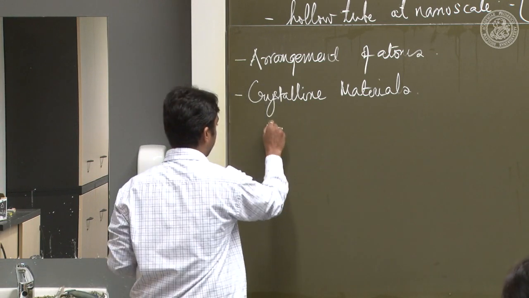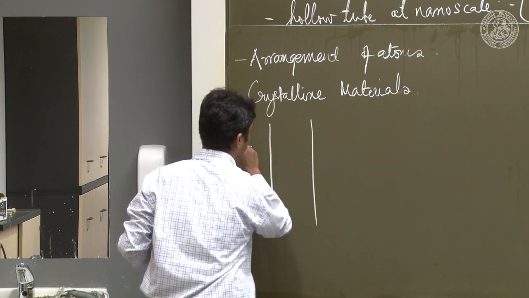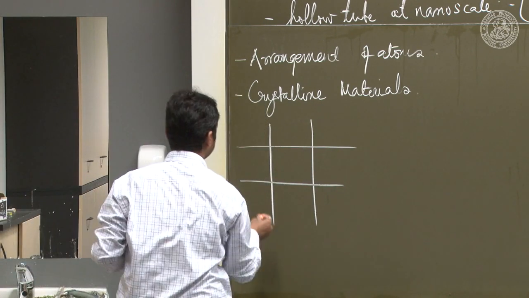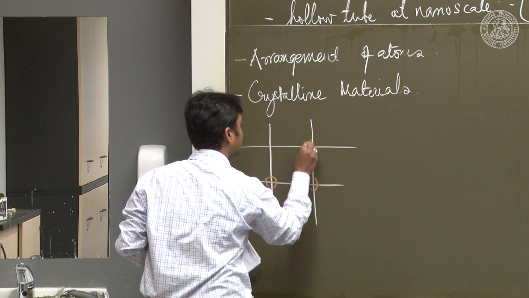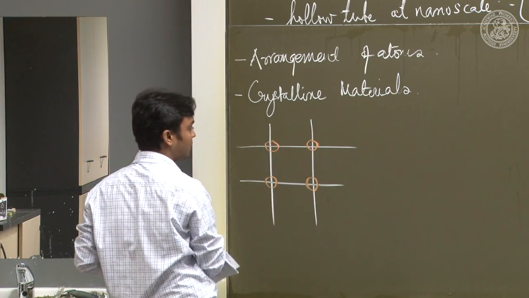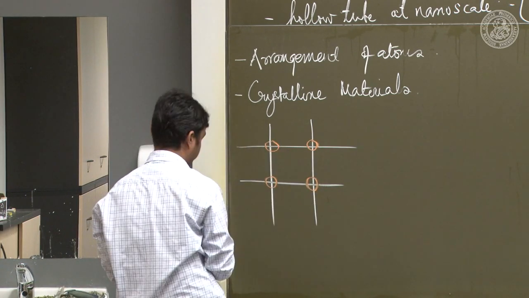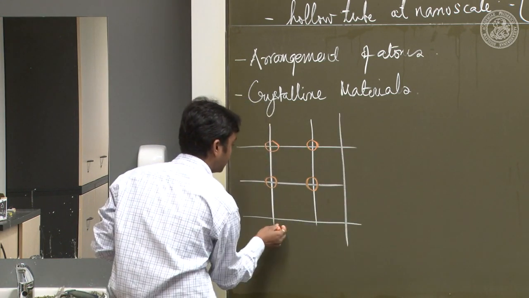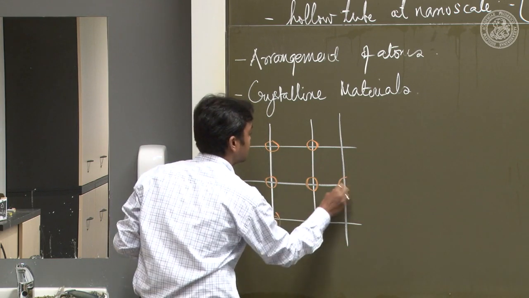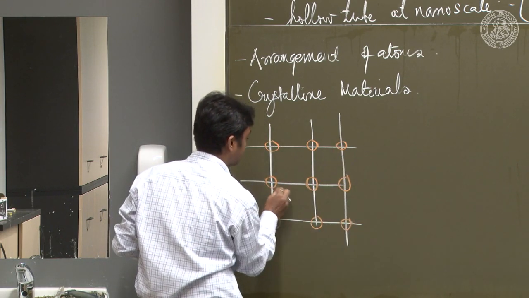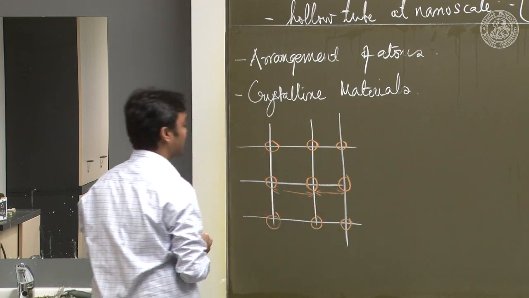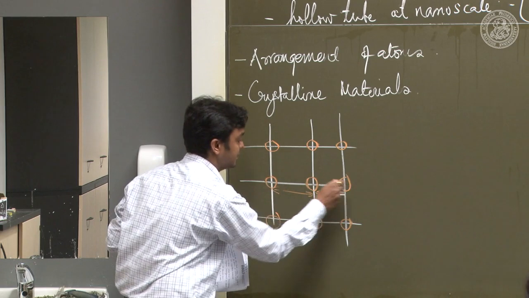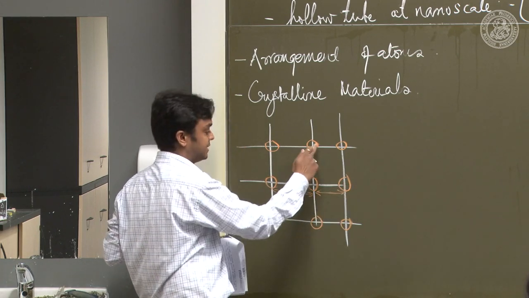So for example, if I have these as my atoms, this length and this length are the same. So you see that every atom has the same environment. If I look at this atom, it has the same environment.